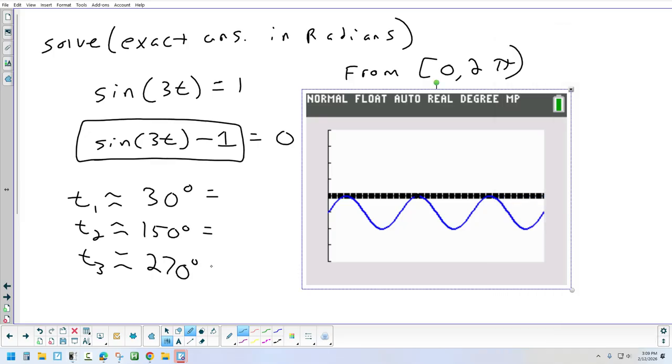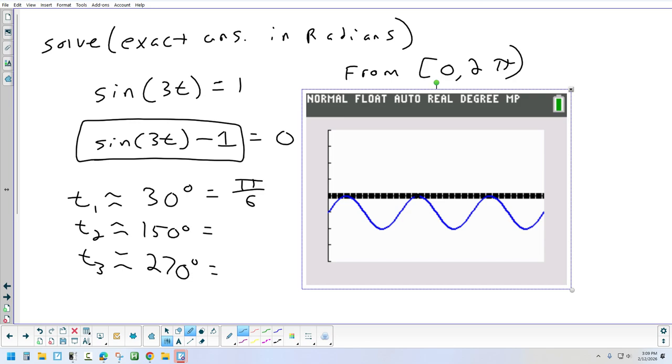Now, because they said the exact answer in radians, we're like 90% of the way there. We just have to change these. What's 30 degrees in radians? Yep, pi over 6. Now, what do you multiply 30 by to get 150? 5.